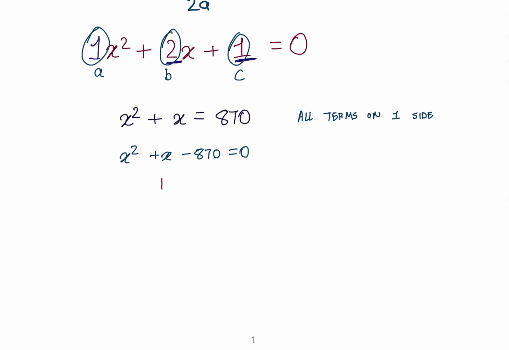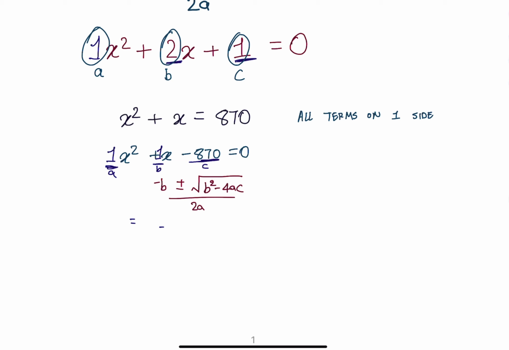So let's write that down: negative b plus or minus the square root of b squared minus 4ac, divided by 2a. So after substituting everything in, we get, well, the coefficient of x squared is 1, the coefficient of x is 1, and the constant is negative 870. So minus b, this is b, this is a, and this is c.